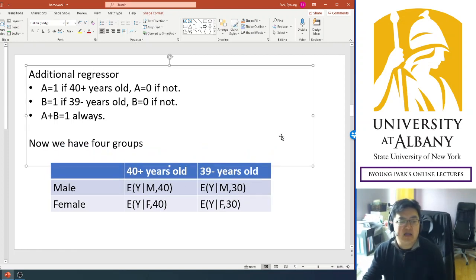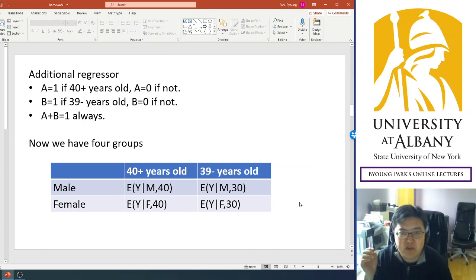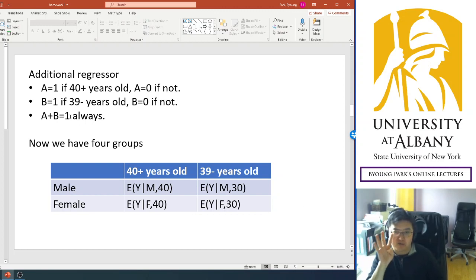Then in this case, it is also helpful to think about the underlying groups in your data. You have to think about 4 groups because you have two binary variables, so you have 2 by 2 groups.